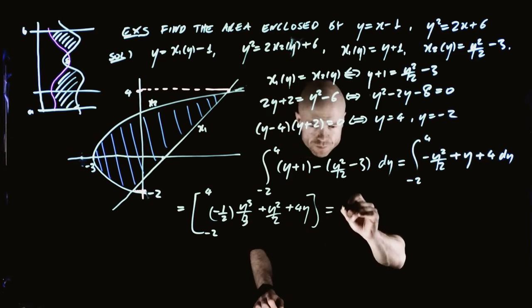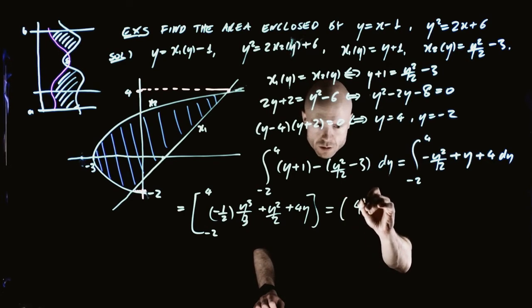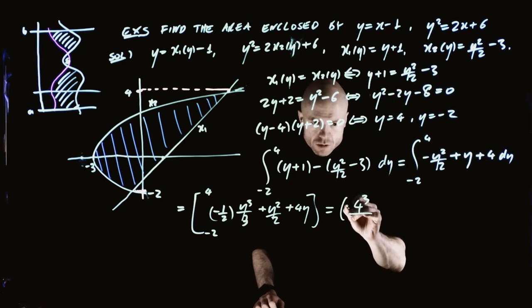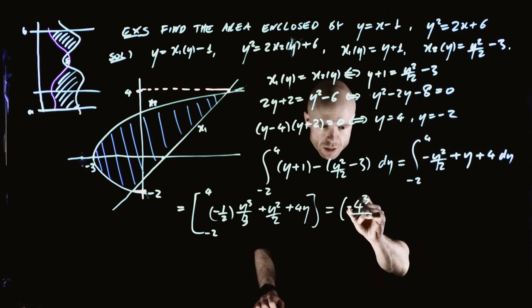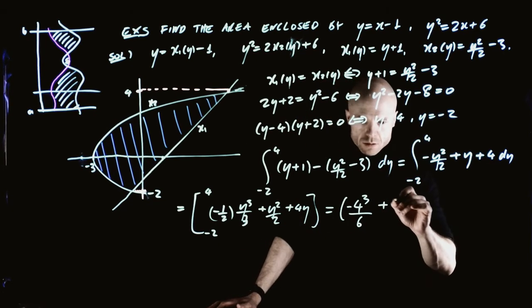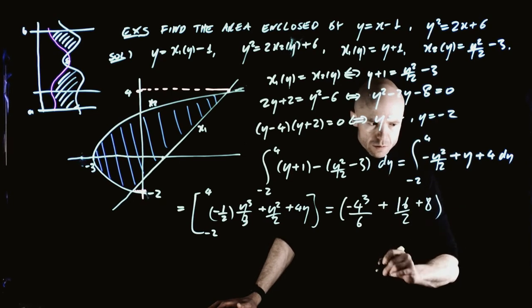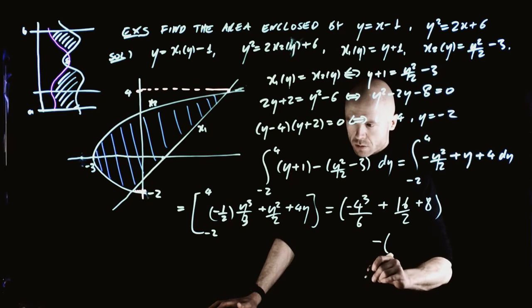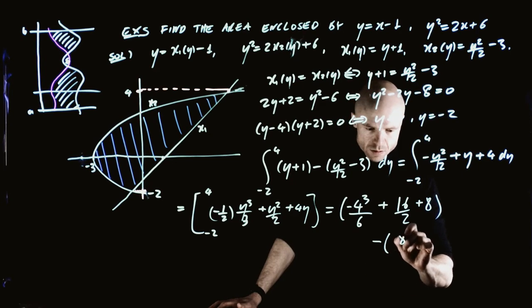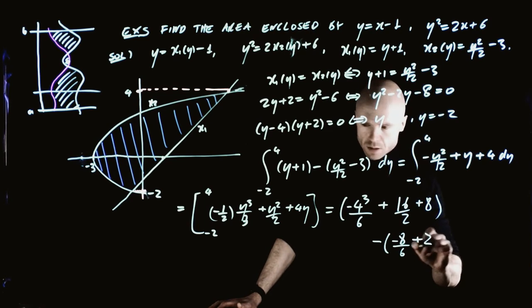And then we can put the numbers in, right? So this thing is like 4 to the 3, and then this is like minus a 6, or minus 6, yeah? And then this thing is like 16 over 2, and this thing is like 8, yeah? Cool. And then this thing is like 8, like this, and then minus, right?